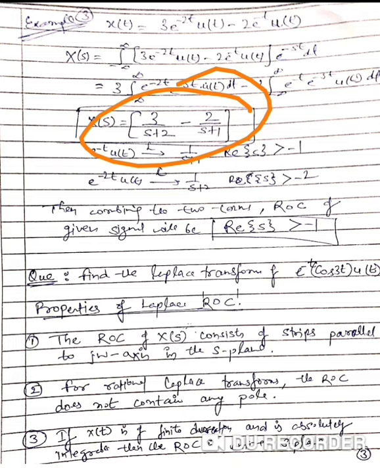The region of convergence for the combined signal x(t) will be the intersection of both the ROCs.